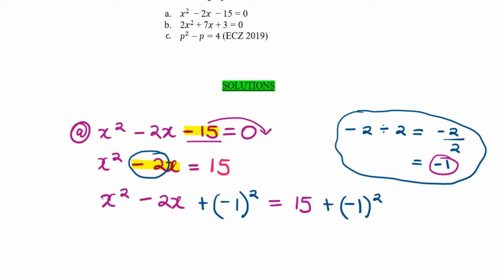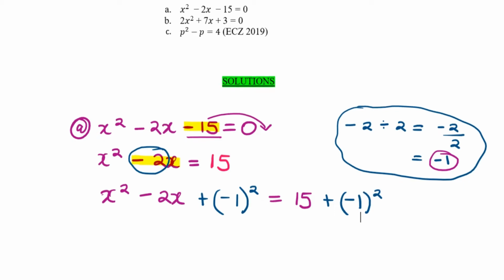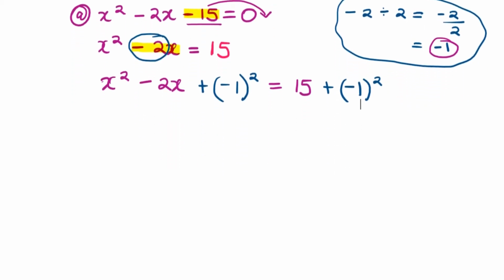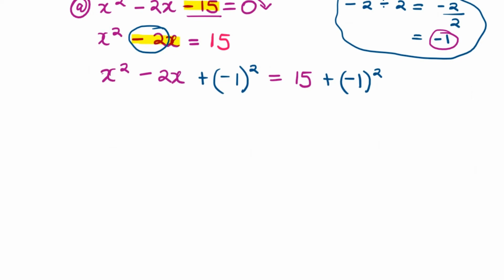From there we can proceed with this expansion here, x squared minus 2x plus negative 1 squared. I'll show you where it came from. I'll write just a part here.